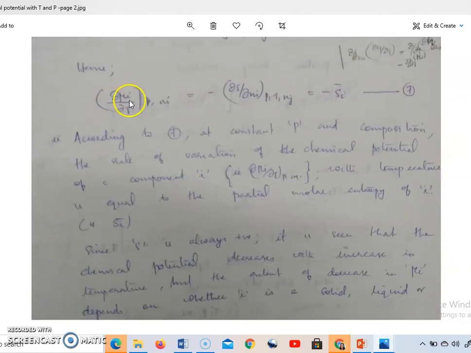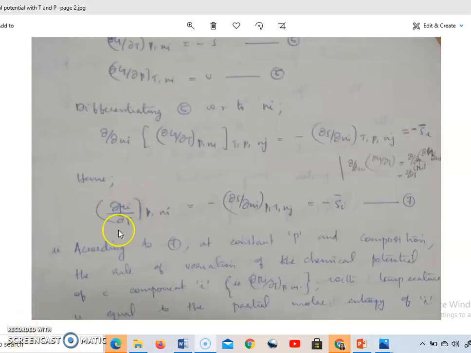So dou mu i by dou T at constant pressure and Ni is equal to minus dou S by dou Ni at constant pressure, temperature and Nj, which is equal to minus Si bar. So you obtain this term from here, right? Here we are going to exchange between dou T and dou Ni. So we get dou by dou T of dou G by dou Ni.